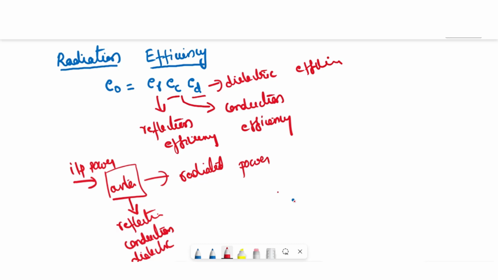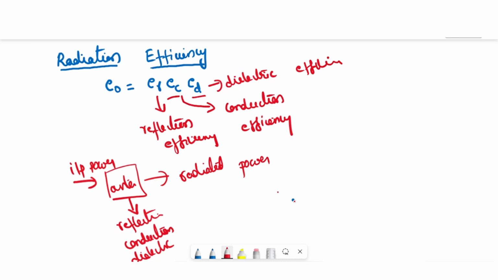It's made up of some metals. Surrounding the antenna, there exists some dielectric medium. And if the antenna is like a patch antenna, the substrate that we are using is a dielectric material. And for some parts of the antenna, we have to do some insulation, using insulating material. All these become dielectrics.